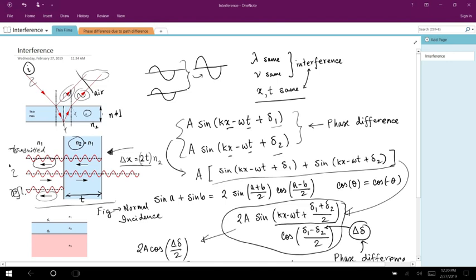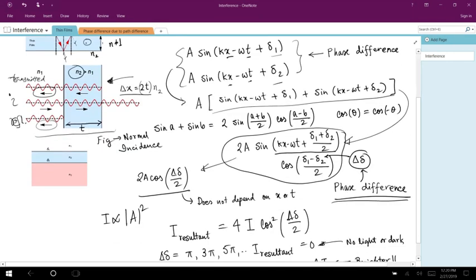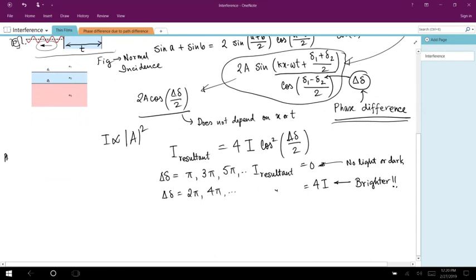So what is the phase difference due to path difference? Then we can come up with an expression. Phase difference due to path difference for thin films. That part is just going to be equal to delta delta is equal to 2 pi over lambda, where lambda is the wavelength of light, multiplied by the optical path difference.